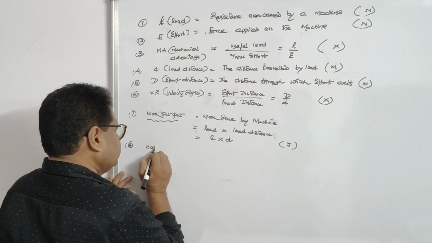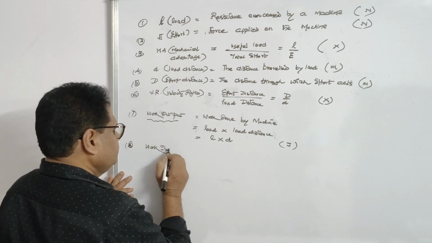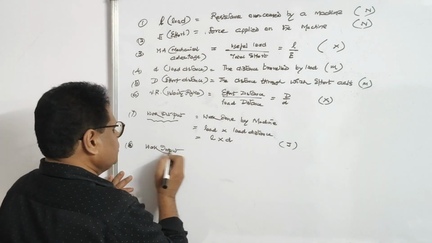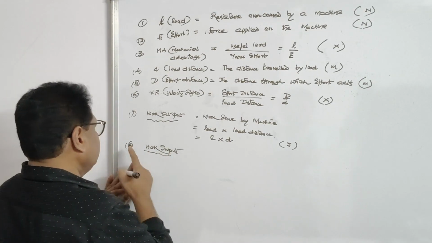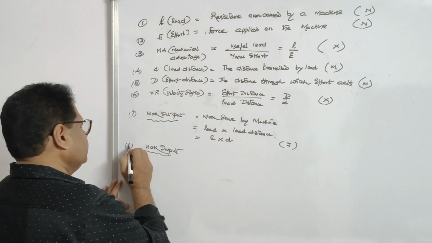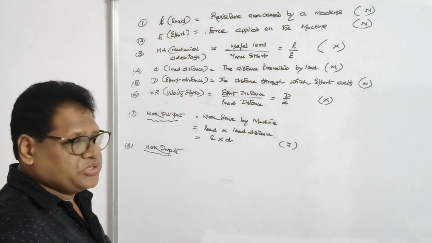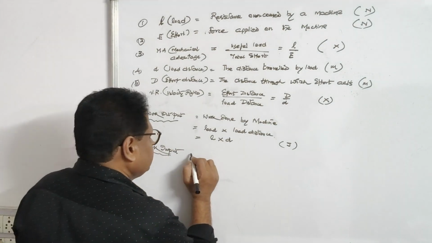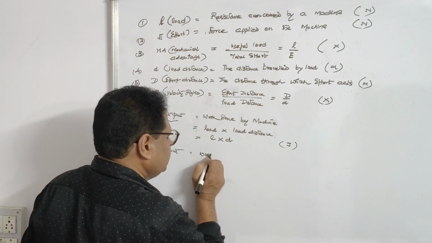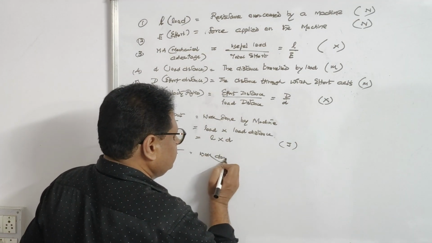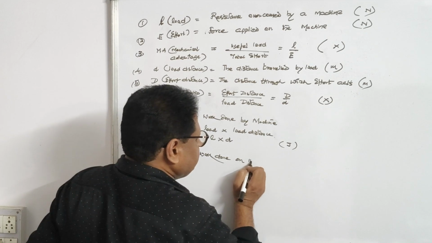Then we have the work input, because you have to put some work on the machine, only then the machine can do the work in return, that is the output. So work input means work done on the machine.